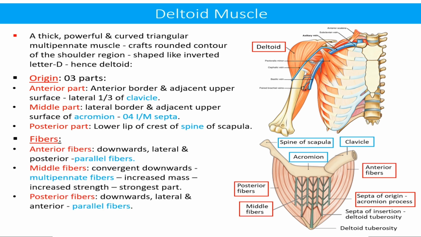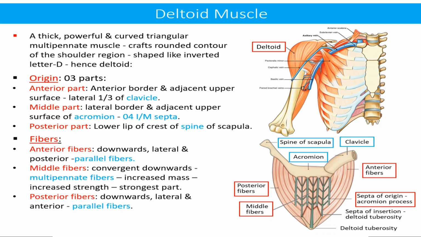Fibers from all these three origins are again divided into three parts: anterior fibers, middle fibers, and posterior fibers. Anterior and posterior fibers are parallel, whereas the middle ones are multipennate fibers. Anterior fibers travel downward, lateral, and posterior, whereas the posterior fibers travel downward, lateral, and anterior.